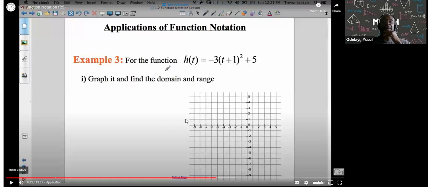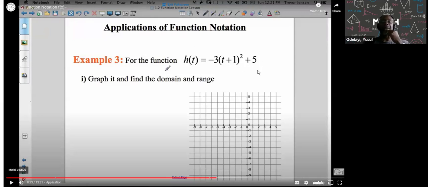Okay, so here's an application. You're going to graph it. So you have a question like this, where you graph it and then you figure out what is the domain and what is the range. Well, if you're looking at this, what kind of graph would this look like? Based on grade 10, what does this equation look like?